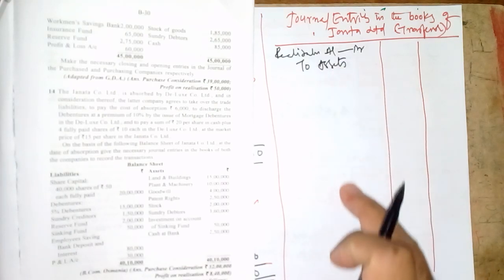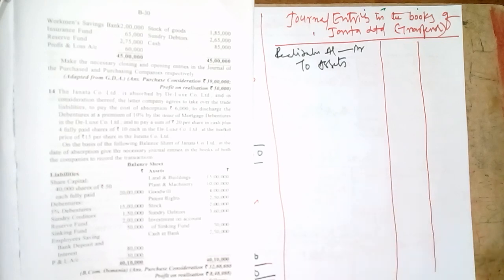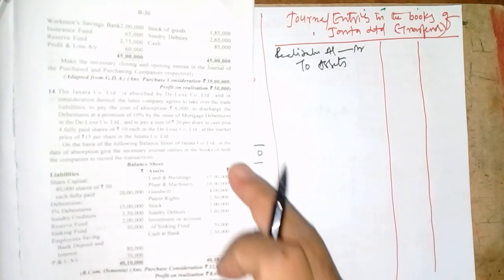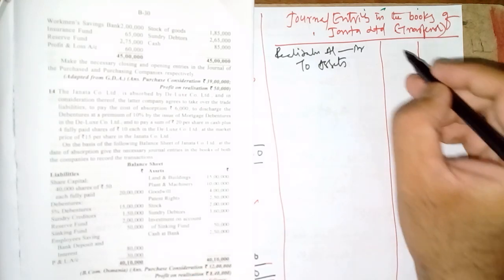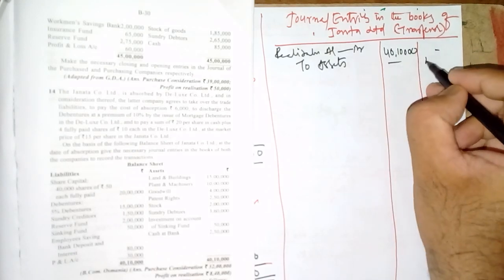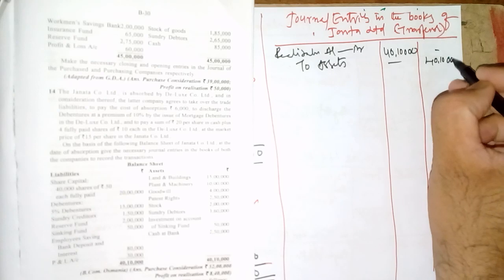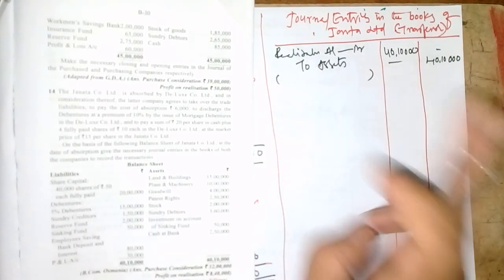You must write all the assets individually, because to minimize the time of this video, I am writing collectively, right? So realization according to various assets. How much is the total? 40 lakhs 10,000, being assets transferred to realization, right?